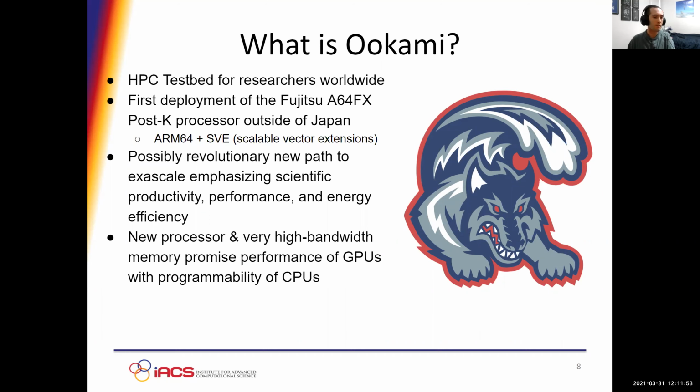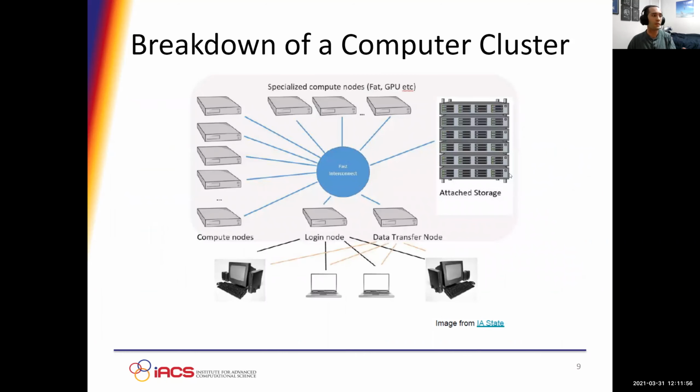Up next, we'll go into the breakdown of a computer cluster just to bring everyone up to speed if you're not up to speed yet. Every cluster more or less has a login node. For Okami, we have one login node as a platform on which everyone can compile their work, submit to different compute nodes, or log into other compute nodes, which brings us to the compute nodes. For Okami, we have 174 primary A64FX nodes, plus 2 debug nodes for quick testing and proofs of concept.